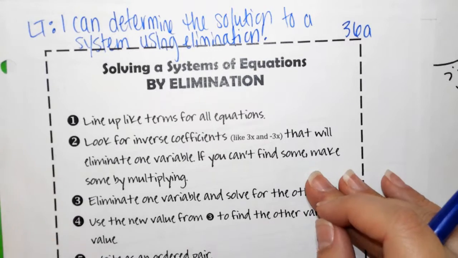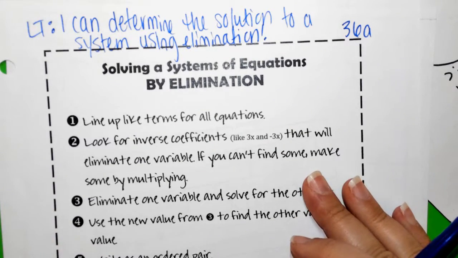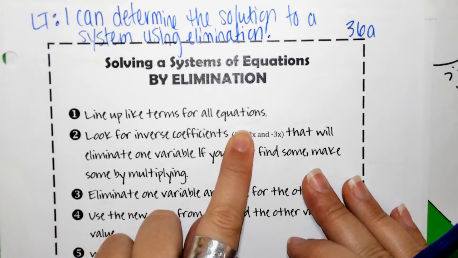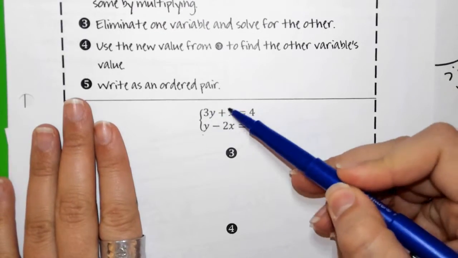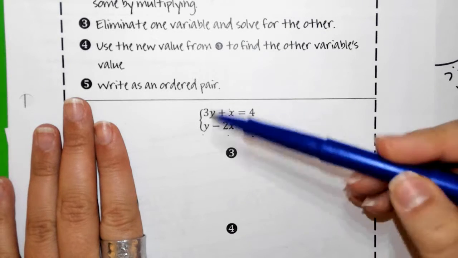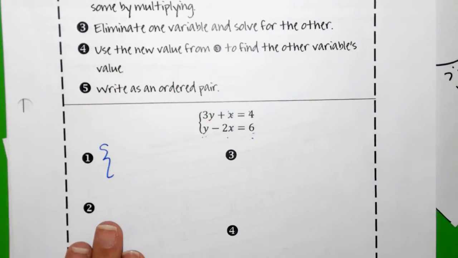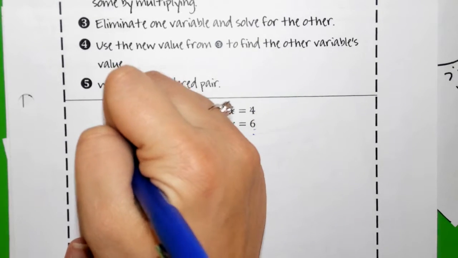So we have some steps that we're going to follow. The first one is to line up like terms for all equations. That means when you have a system, your variables have to be stacked on top of each other. Do we have variables stacked up on top of each other? Fantastic. All right, so we're going to rewrite our system right here on number 1.